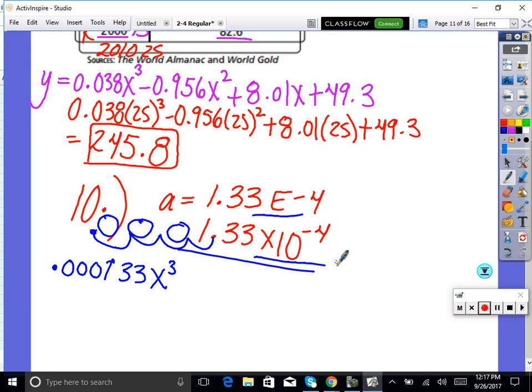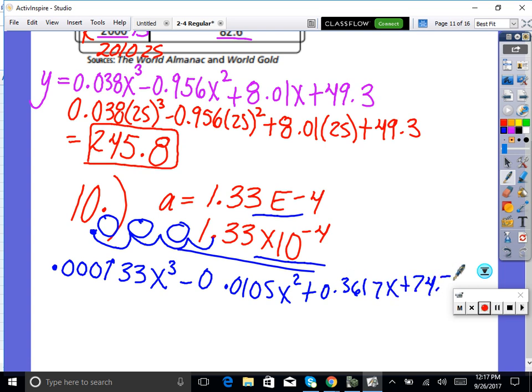E means times 10 to whatever exponent, and then move your decimal. And then you would have your minus 0.0105x squared plus 0.3617x, then plus 74.7.